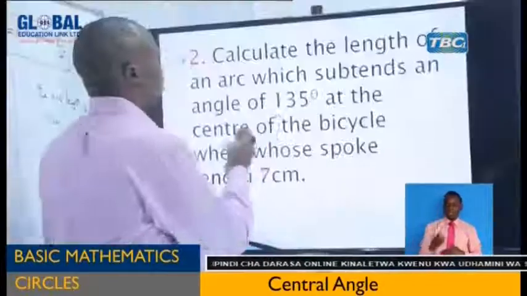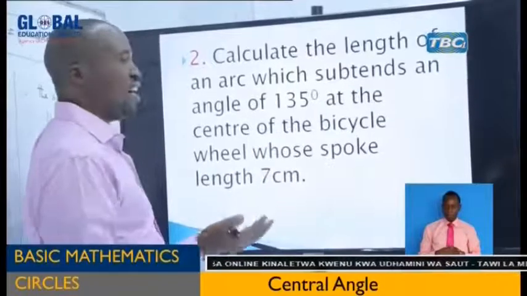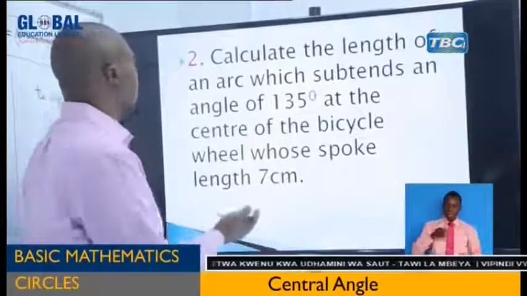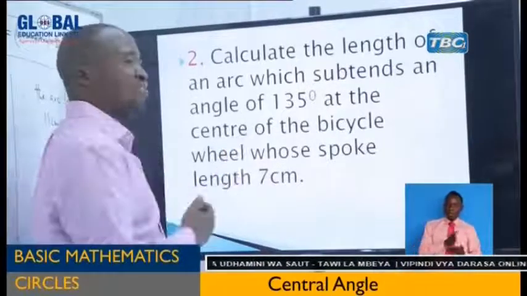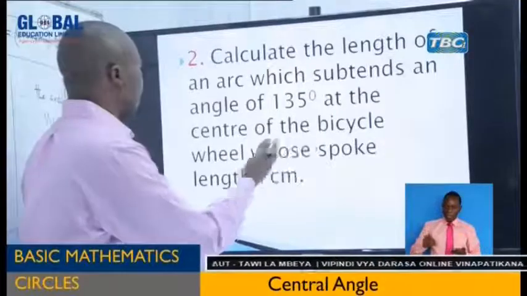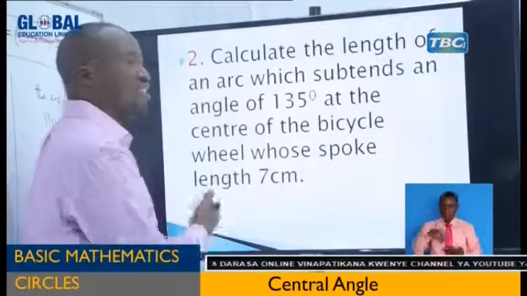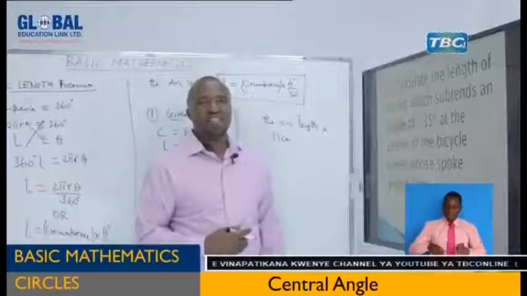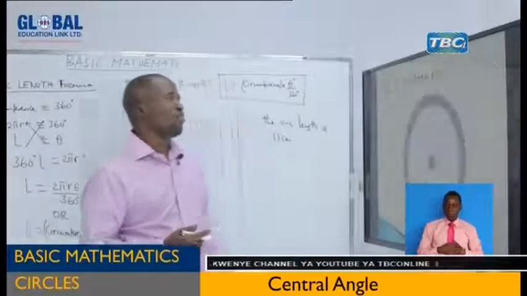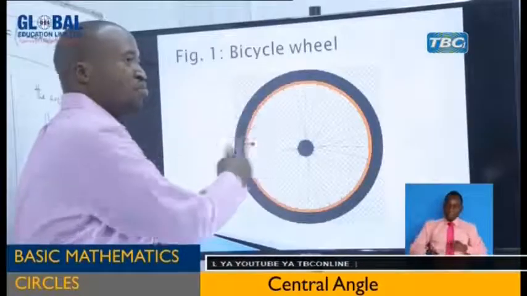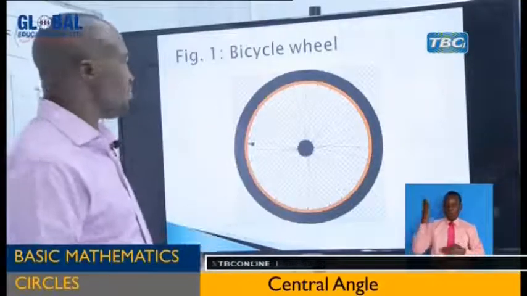That is, calculate the length of an arc which subtends an angle of 135 degrees at the center of the bicycle wheel, whose spoke length is 7 centimeters. So this time we have the bicycle wheel. I'm sure you know it.